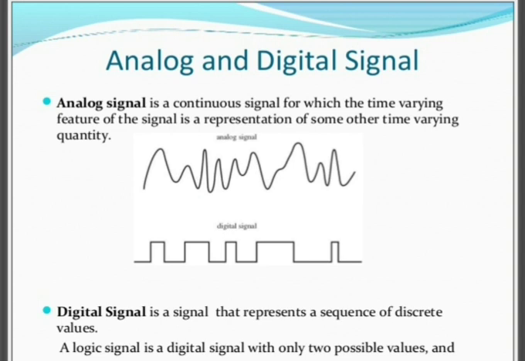A diagram for the analog signal is given. A digital signal is a signal which represents a sequence of discrete values. A logic signal is a digital signal with only two possible values, that is 0 and 1. A diagram for the digital signal is shown here.